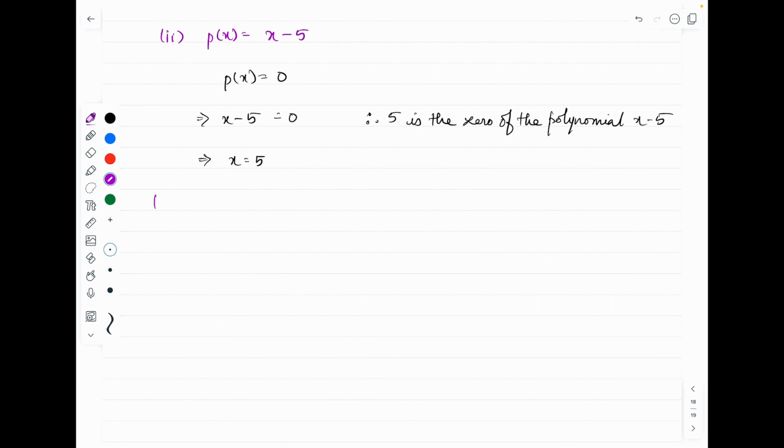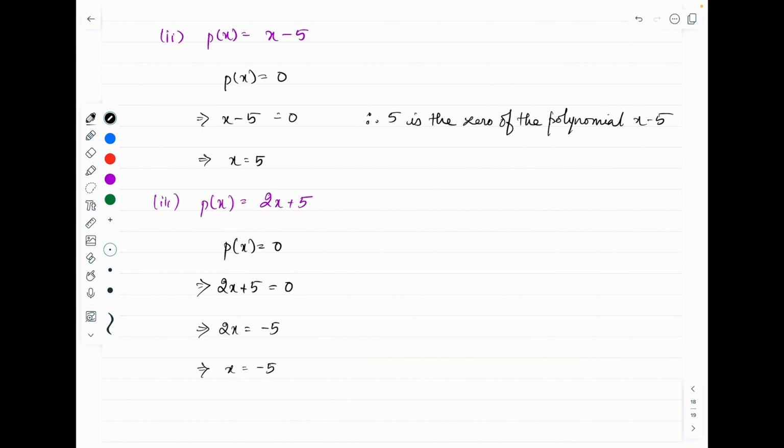Then the third question is given as p of x equals 2x plus 5. Same thing again, you make p of x equals 0. So 2x plus 5 you have to write as 0. Understood? From here you can write 2x equals minus 5.